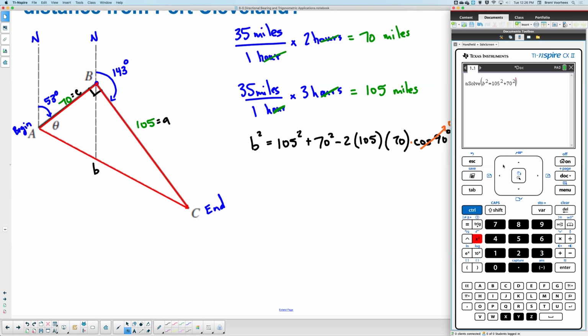By the way, you could do comma b here. I'll show you. It'll be the same answer. I'll go ahead and do comma b and press enter. And now I'll do the whole formula and I'll show you it's exactly the same, just to prove the point. Minus 2 times 105 times 70 times the cosine of 90 degrees.